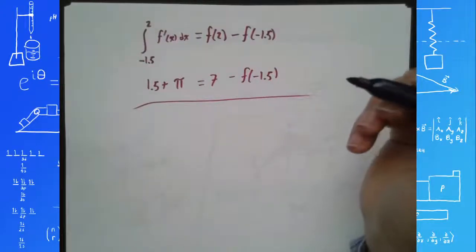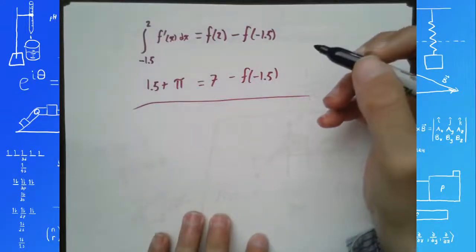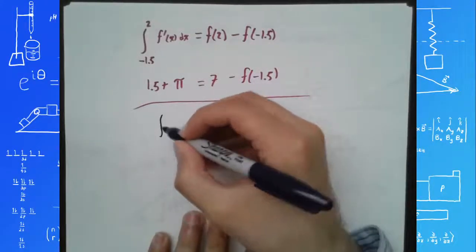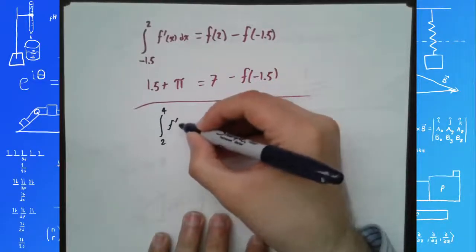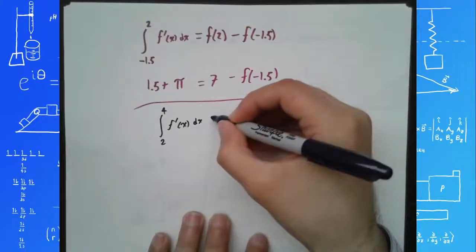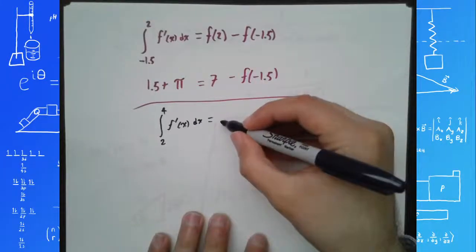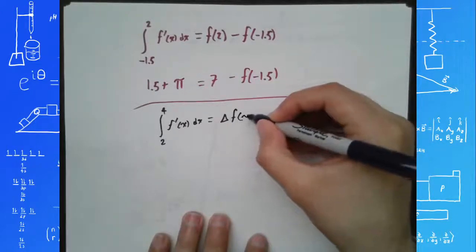Alright, so where was I? Right, so we were doing the integral from 2 to 4 of f prime of x dx equals delta f of x.